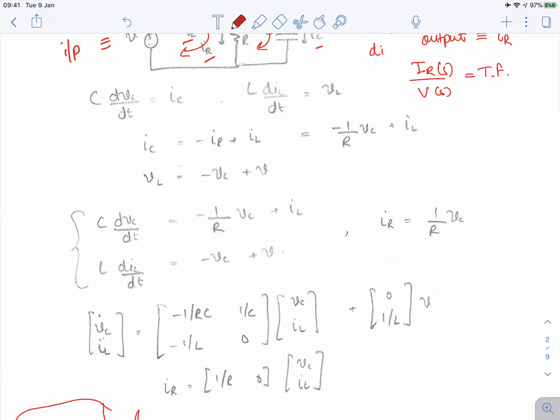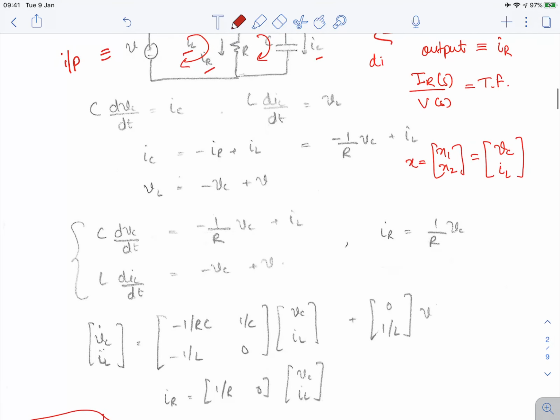So I have chosen the state variables as x1 and x2: the voltage across the capacitor, and the current flowing in the inductor. So I have chosen these two state variables, Vc and IL.